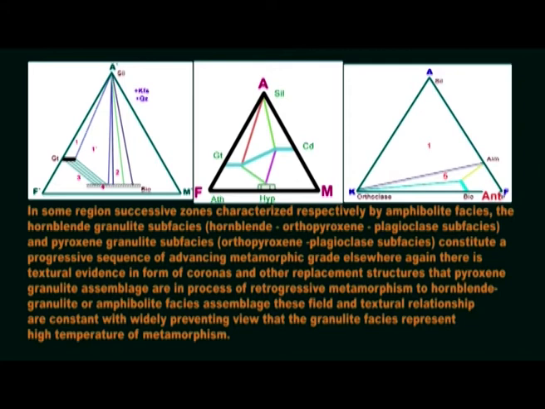Elsewhere, there is textural evidence in the form of corona and other replacement structures that pyroxene Granulite assemblages are in process of retrogressive metamorphism to hornblende Granulites or amphibolite facies assemblages. These field and textural relationships are consistent with the widely prevailing view that the Granulite facies represent high temperature of metamorphism.